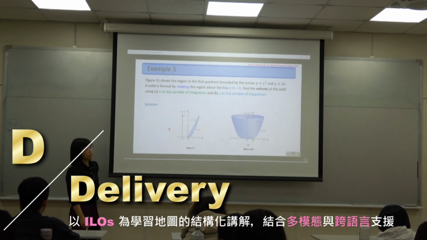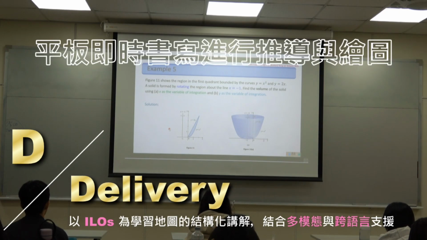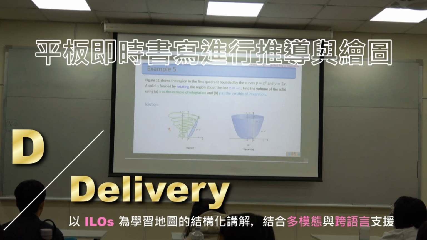There are two questions. First of all, try to rotate the region about x equals -1. So now I try to rotate, for example, this one. Okay, rotate. So is it possible to use the washer method? If I rotate this way, it means I'm going to use the washer method, but does it work or not?